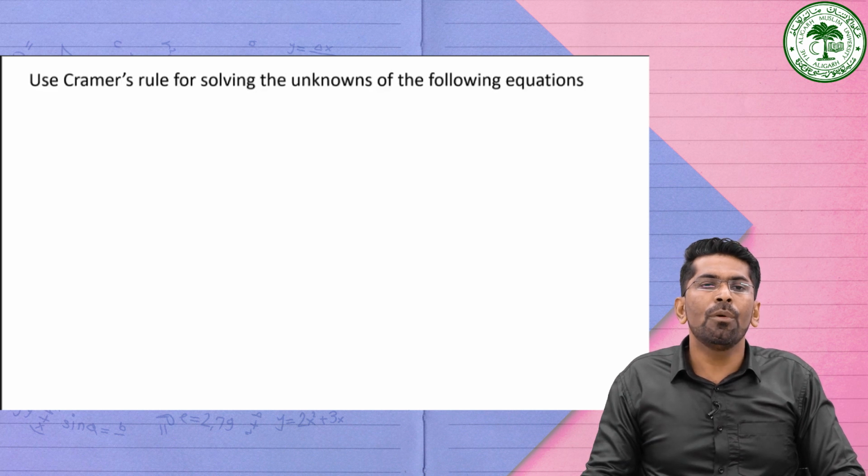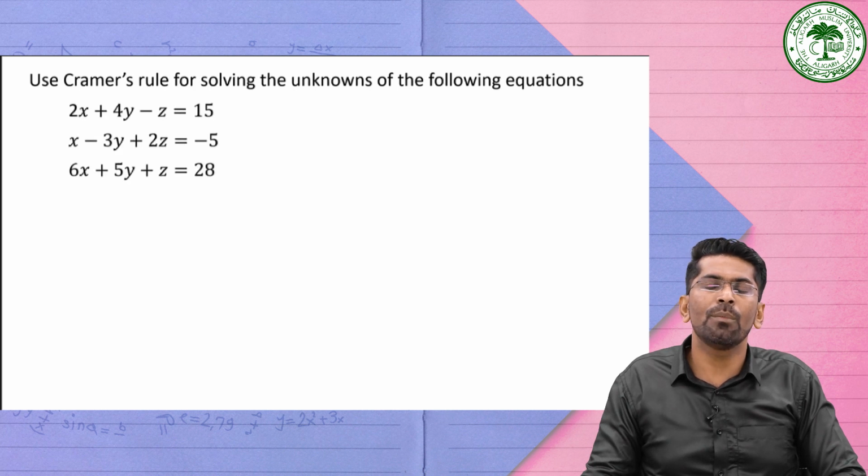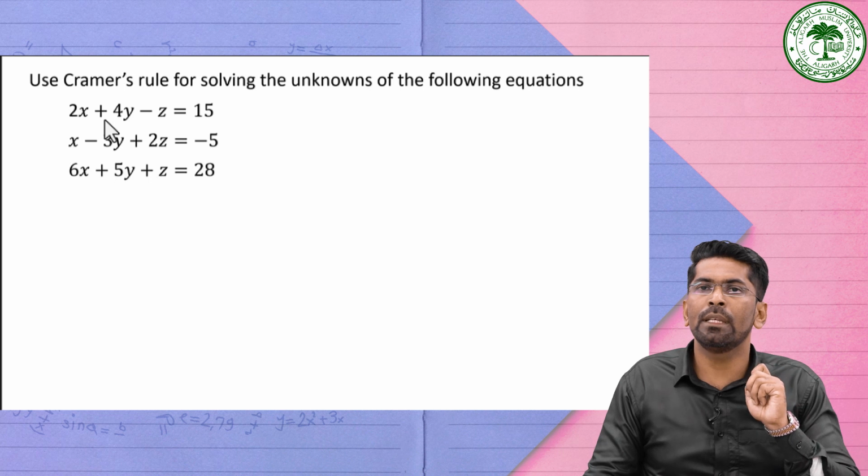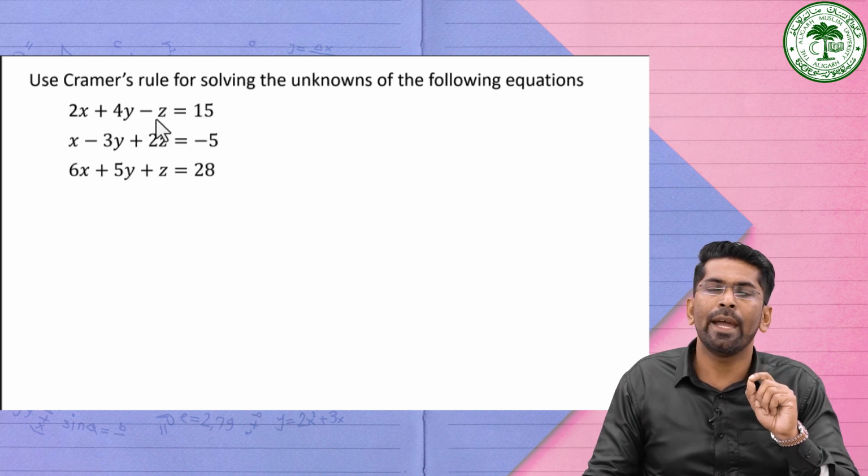Now we are going to use Cramer's rule for solving the unknowns of the following equations. We have a system of linear equations, but here instead of 2 by 2 order, we will have a 3 by 3 order, because we have 3 linear equations with 3 unknown variables. What are the unknown variables here? It is x, y and z.